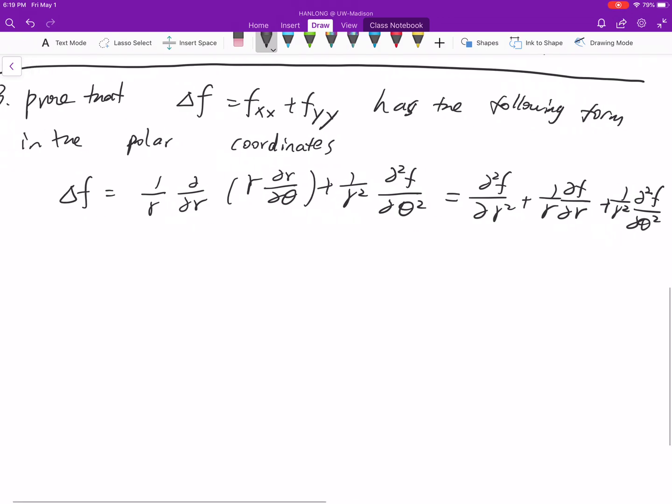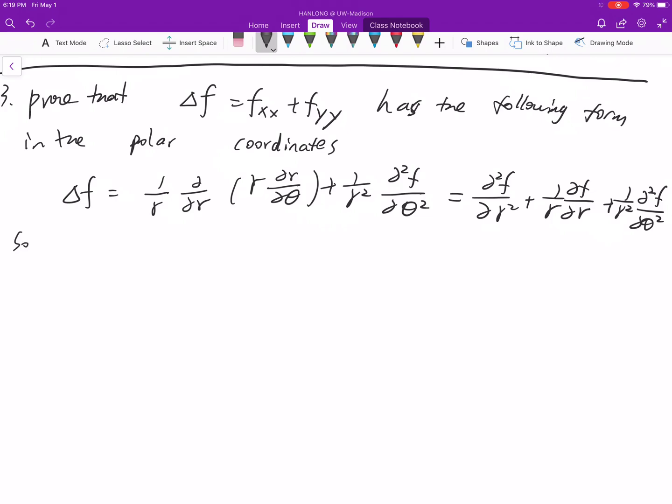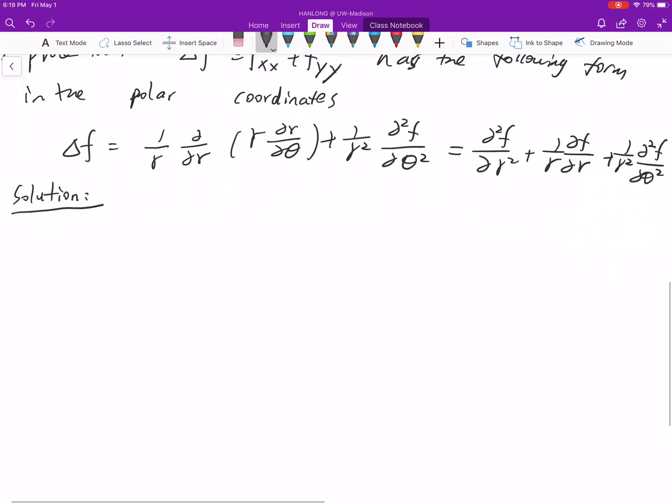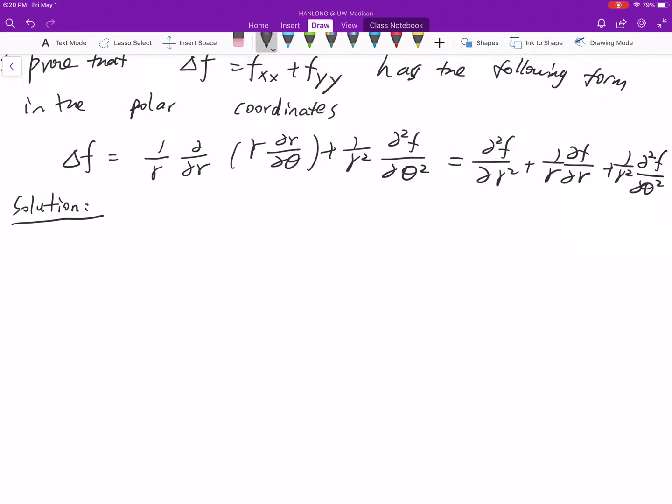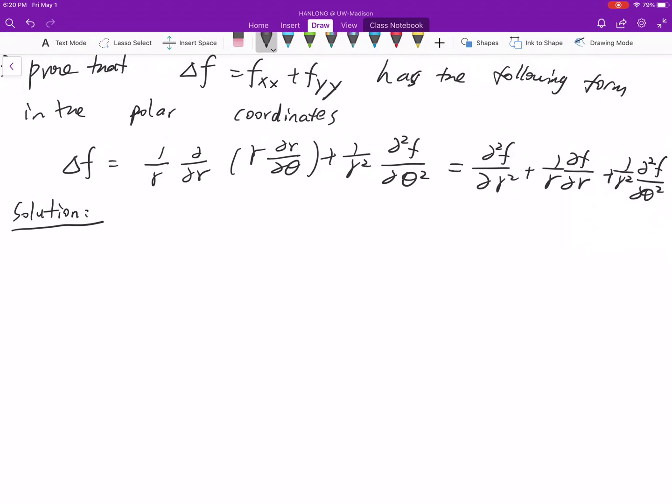Okay, next, solution. There are a lot of methods to calculate, but I will choose the following one. So we note that x is r cosine theta, y is r sine theta. And it's easy to take a derivative of x, y with respect to r and theta instead of the derivative reversely, because otherwise you will have square root.